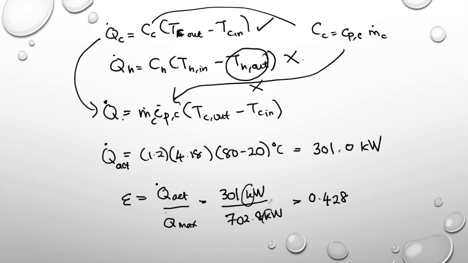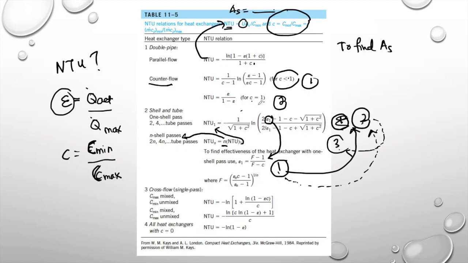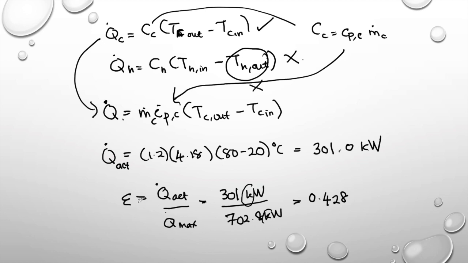Now we already have epsilon. In order for you to refer to this table 11.5 to find what is the AS, you must know the other value, the value for small case c. Small case c is C minimum over C maximum. So we already know the epsilon, and then we calculate the c.